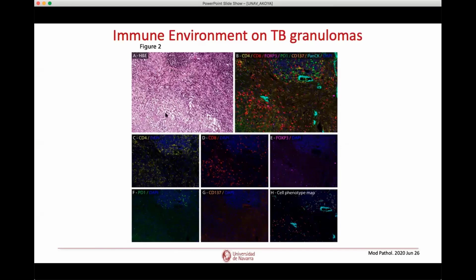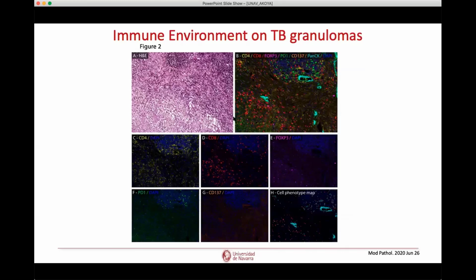As you can appreciate here, we have the H&E of these granulomas showing the central necrosis and the crown of immune cells surrounding the necrotic center. And here you can appreciate all the markers used in this panel.